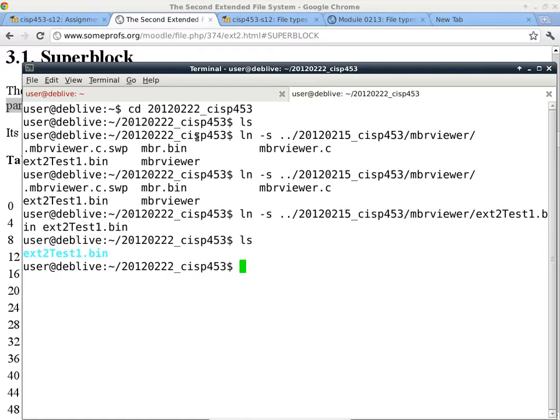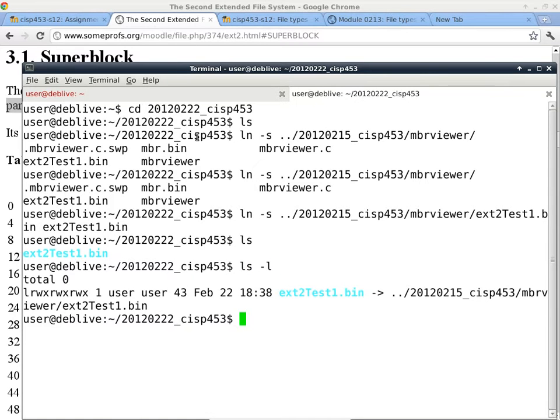When you were doing the ln command, you were able to browse what was inside the folder. How did you do that? I use tab, which is a shortcut. I mean, auto completion key. Yep. And then, so you got it over to MBR Viewer, and then how were you able to just look inside that? Tab. Tab again. Yep.